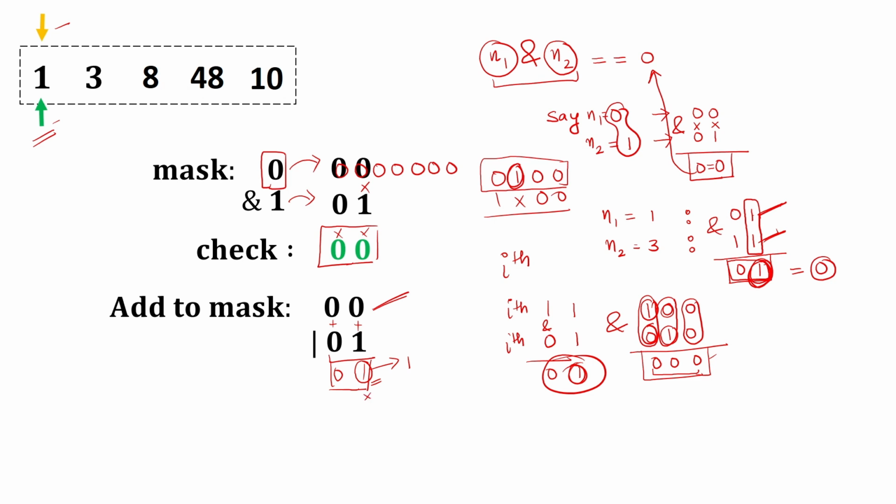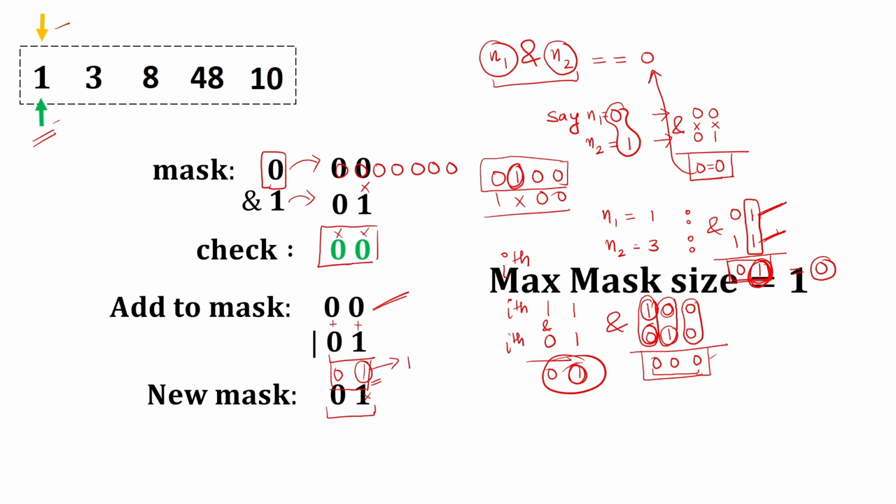So this mask and the updation of the mask keeps track of the position of ones that I have already seen and already added in my subarray. So my new mask gets updated to 0 and 1. Once I have updated my mask, I also need to maintain the size of the longest subarray that I have maintained. The maximum subarray size is 1 because this is the first element that I have added.